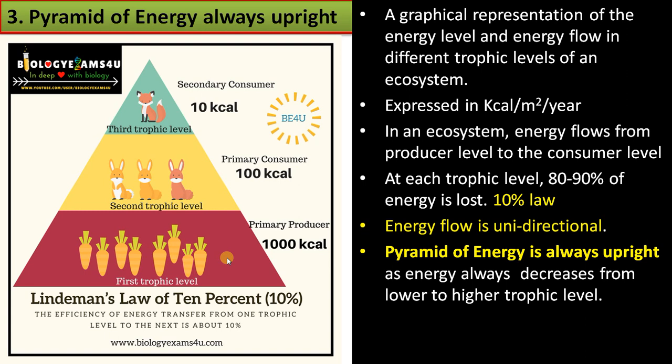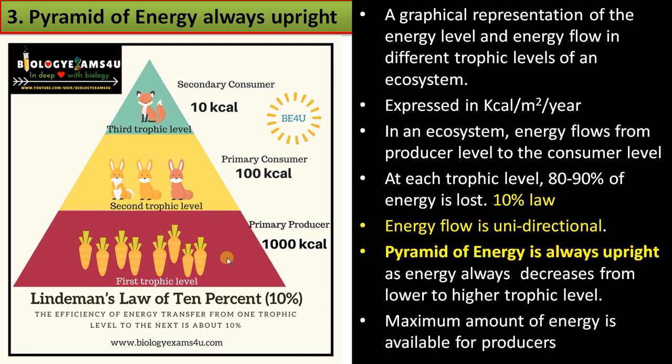Therefore, the pyramid of energy is always upright as energy is lost as we move up the trophic level towards top consumers. The maximum amount of energy will always be at the base, as producers are responsible for fixing energy from sunlight by the process called photosynthesis. So, the pyramid of energy is always upright in all types of ecosystems.